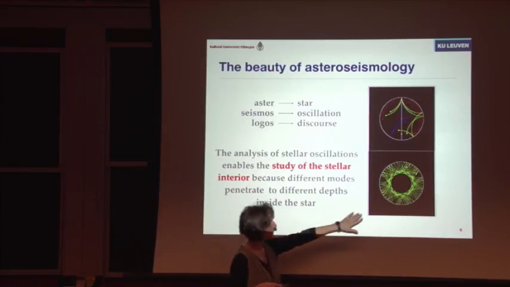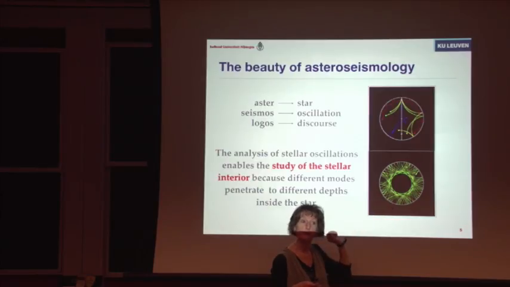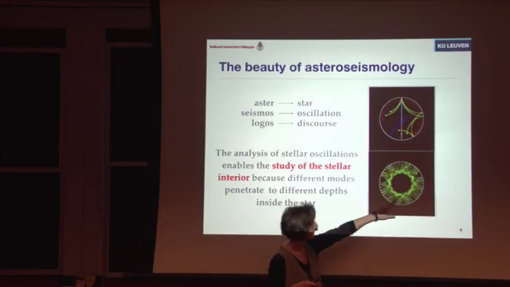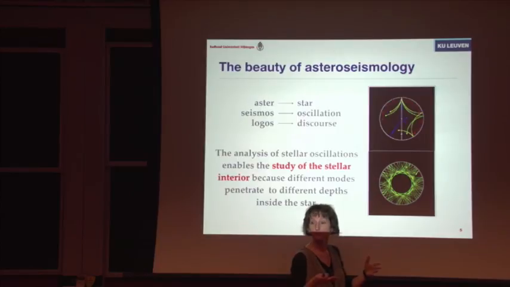So what do seismologists want to do? We want to measure frequencies of such waves, subtract them from each other, and that then allows you to derive the physical conditions of the area inside the star that's green here but not yellow. And if you extrapolate that to many oscillation modes, then you can build up layer by layer the physical conditions inside the star.